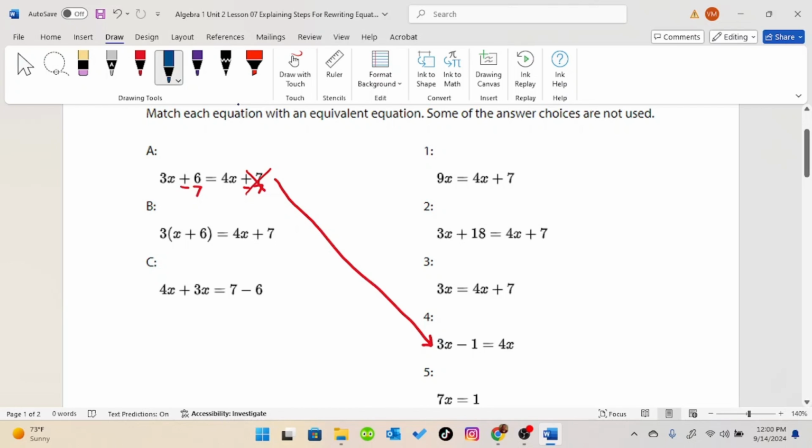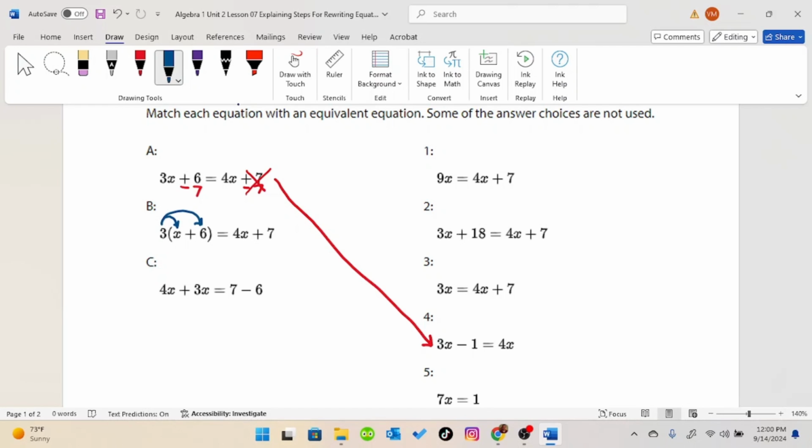When I'm looking at choice B, I notice that I have parentheses on the left, but I don't have parentheses in any of my answer choices. So what I want to do is use the distributive property, and I want to multiply 3 times x and 3 times 6. 3 times x is 3x.